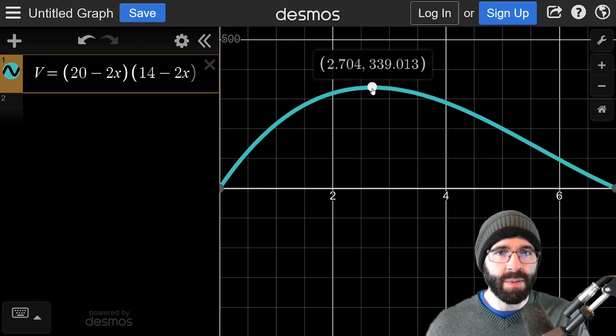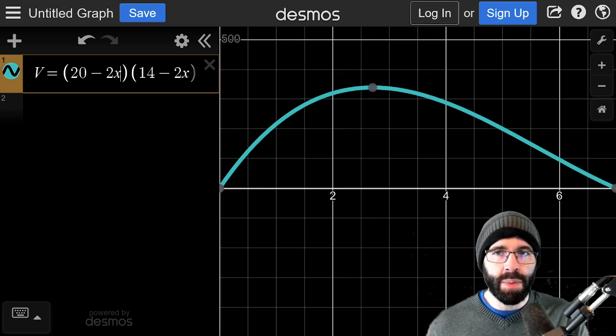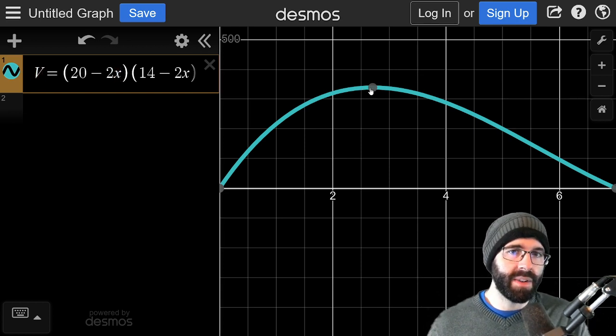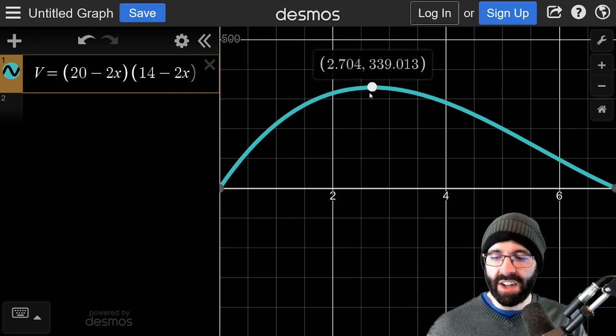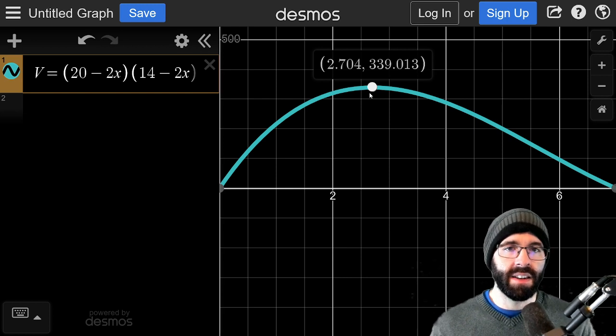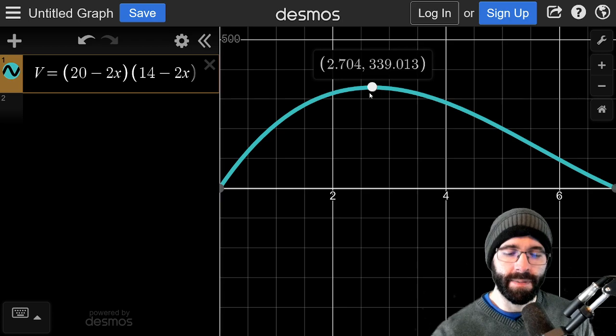This is where the volume's the biggest. The input is x, the size of the square, and the output is v, the volume. That's going to be the biggest when our input is 2.7, when we cut a 2.7 centimeter square. And the biggest volume is going to be 339 centimeters cubed.